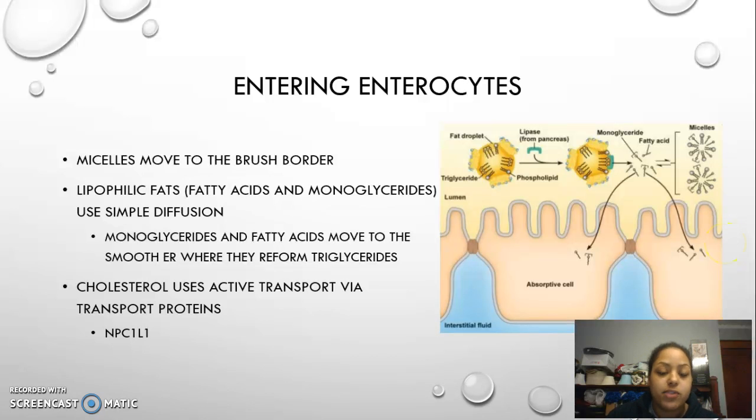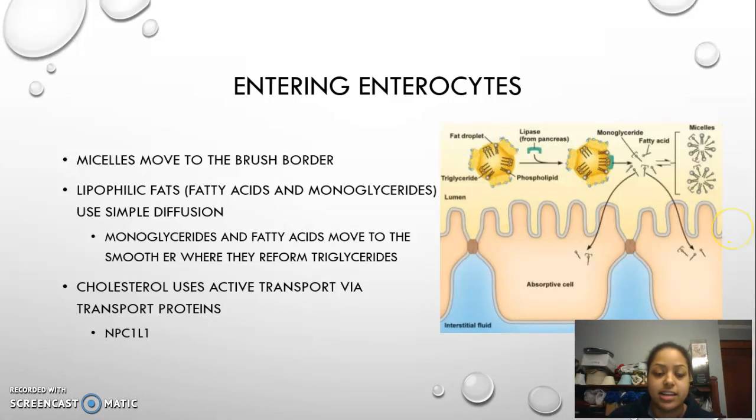Now, the lipophilic fats, which are the fatty acids and the monoglycerides, will enter the cell using simple diffusion. Once inside the cell, the monoglycerides and fatty acids will move to the smooth endoplasmic reticulum, and there they will reform the triglycerides that were their original form when they entered the body.